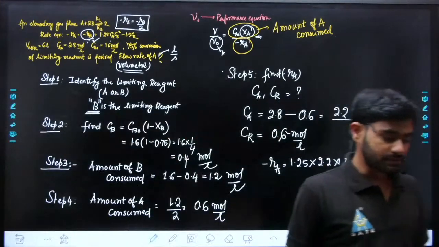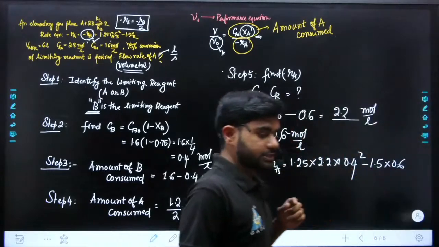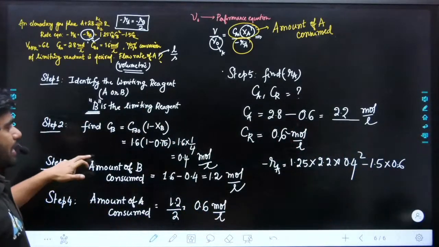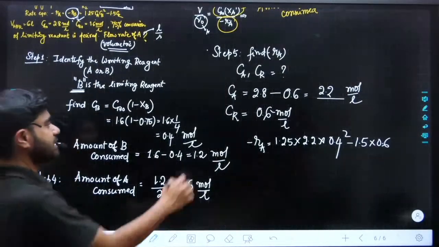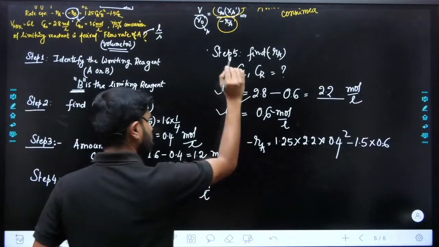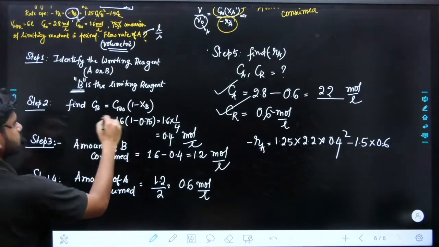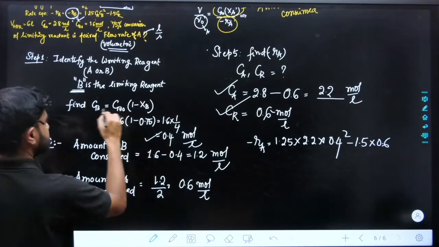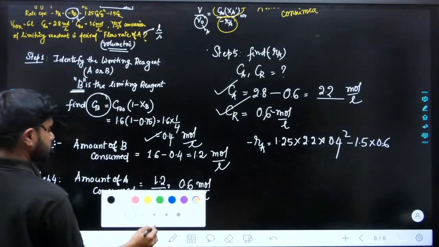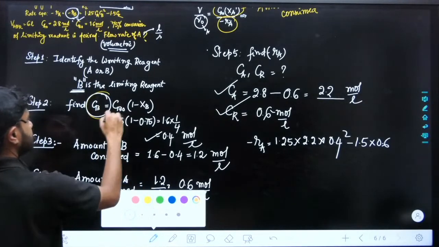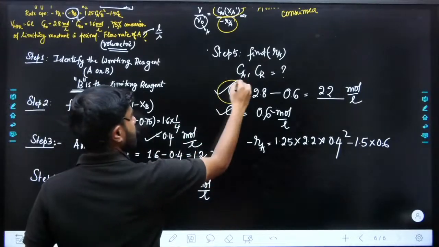Minus of Ra, please. Ca is known to us, Cr is known to us, and Cb is known to us. The Cb value is 0.4. These three things are important, so I'm making sure this is Cb, this is Ca, and this is Cr.